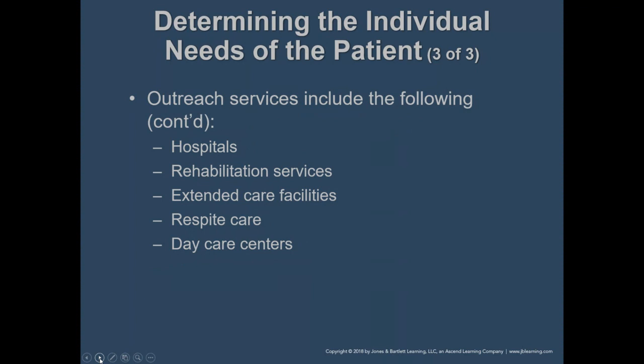Looking at their hospitalizations, what kind of hospitals they may have to go to, if they should need any sort of rehabilitation services, occupational therapy, speech therapy, physical therapy, all of those different things.